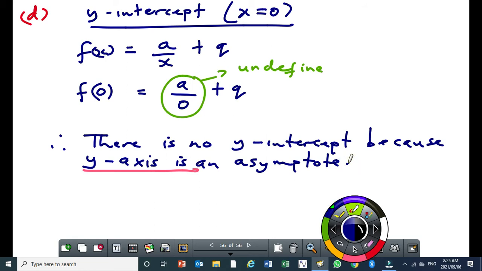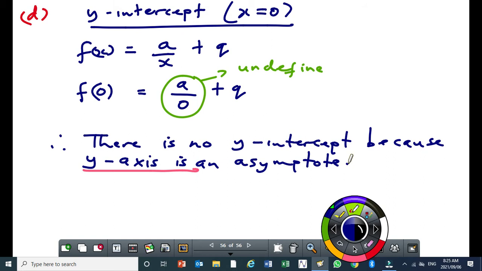So you will never get a hyperbola in grade 10 that touches the y-axis. That's not possible. If you're asked to sketch the hyperbola, it will never touch the y-axis. Any one of the two curves will never touch the y-axis because the y-axis is an asymptote.